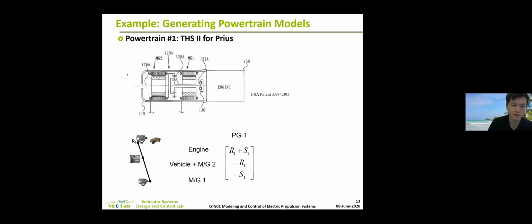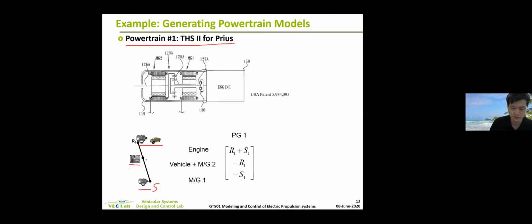So I have a few more examples. Okay, let's do this for Toyota hybrid. Toyota hybrid has an input split, motor 1, and the vehicle was connected to the ring. Generator was connected to the sun.